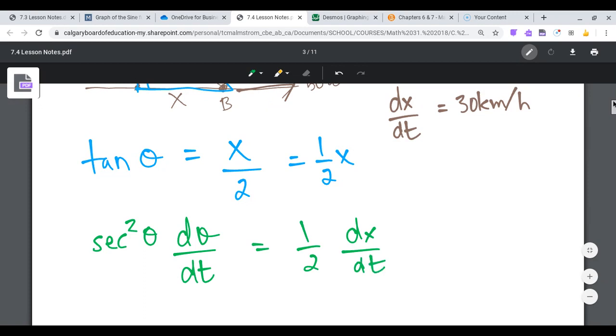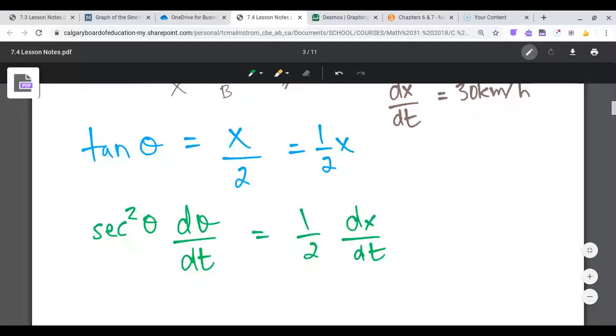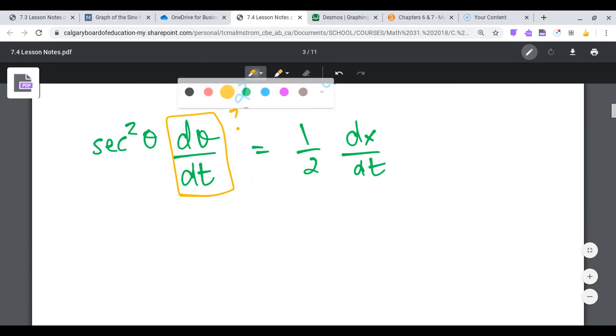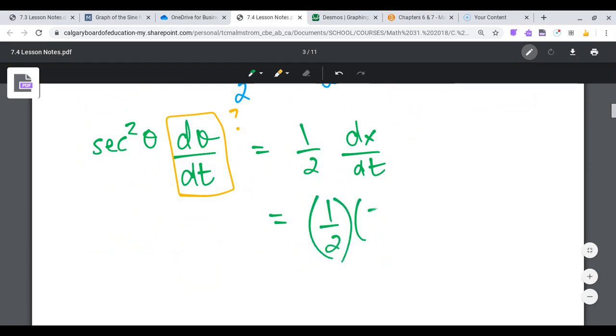Okay, so I am trying to solve for d theta dt. This is my piece that I want to know. And so I must know everything else. Okay, so I know dx dt, that was the rate of the boat. So that is 30. And I am trying to find d theta dt.